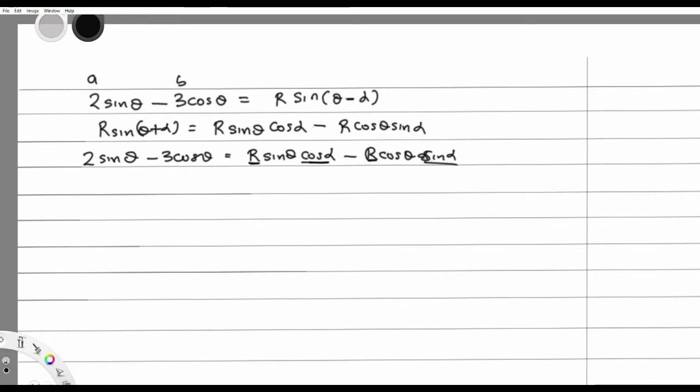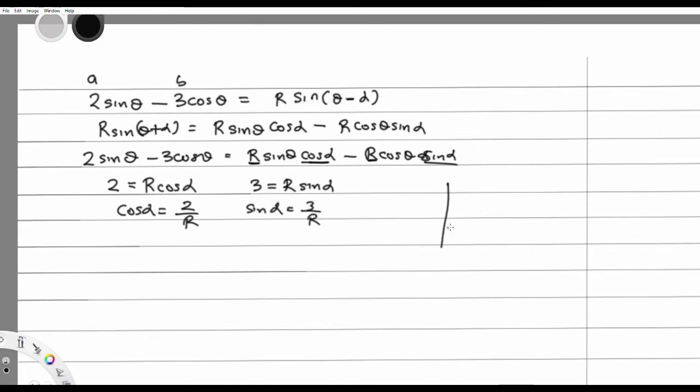So we can then say 2 is equivalent to r cos theta, and we can then say 3 is equivalent to r sine alpha, isn't it? So cos theta equals 2 over r, and sine alpha equals 3 over r.